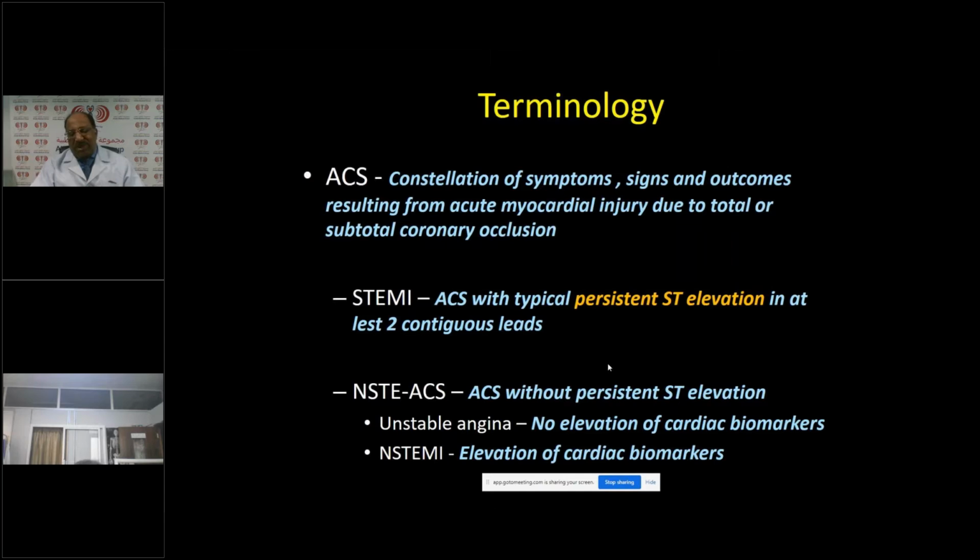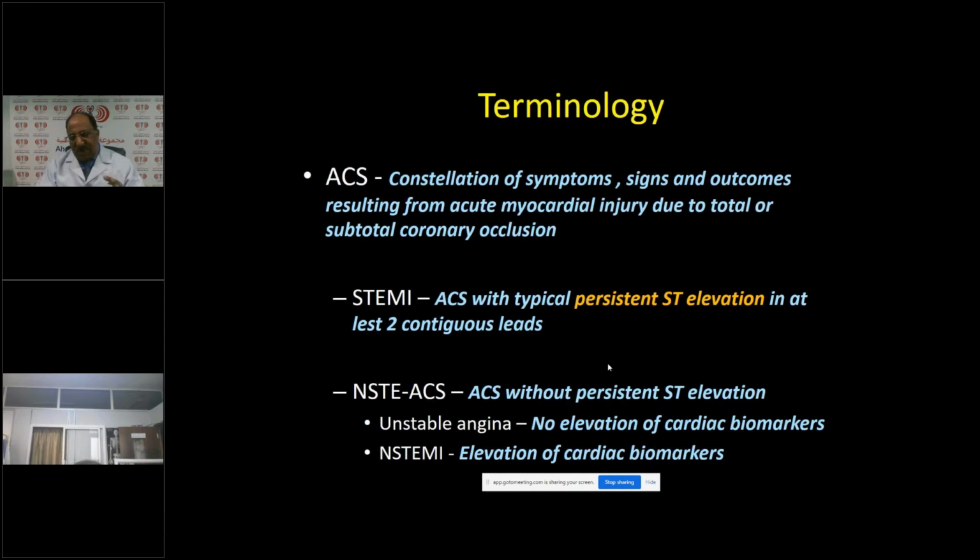So these two groups, that is with persistent ST elevation and without persistent ST elevation. Now, previously the STEMIs were called transmural MI or QMI, whereas NSTEMIs were called subendocardial MI or non-QMI. But the current terminology is the one which leads to a proper acute management, and hence is accepted all over the world.